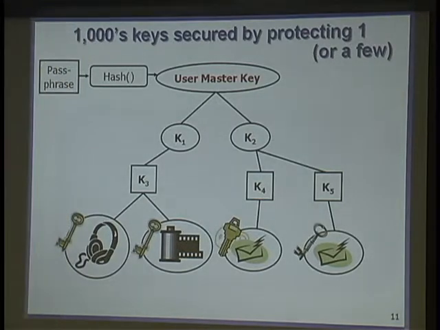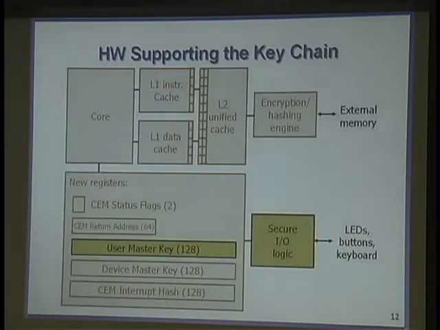The user only needs to remember something, maybe a passphrase, that will then undergo some hashing to generate this user master key. And the hardware needed to support it is some sort of secure I/O logic that will take the input from the user, whether it is a user passphrase or a biometric or whatever kind of user authentication method you want.